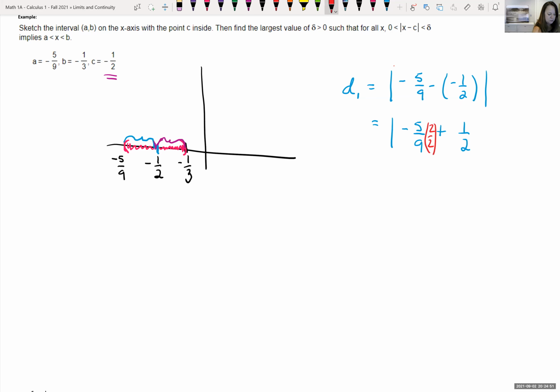A minus and a negative is plus, and I'm going to multiply 1/2 by 9/9. So we have the absolute value of -10/18 plus 9/18, which is 8/18, and that reduces to 4/9. So this distance in here is 4/9.